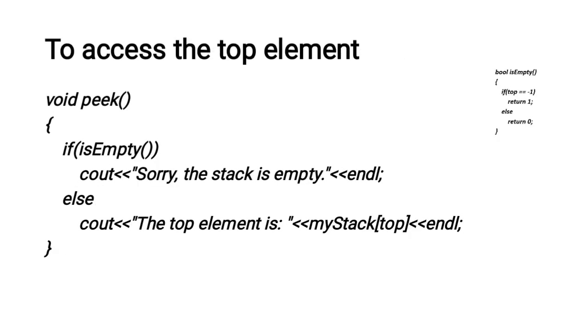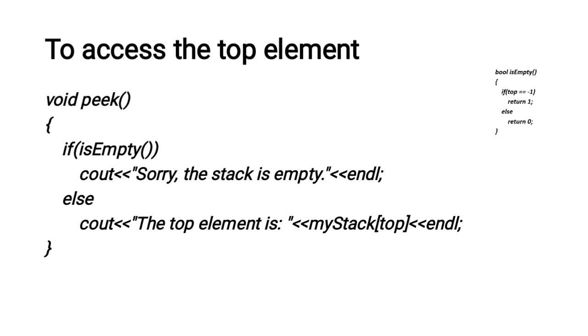Then let me move on to explain about accessing the top element. When we access the top element, we use the function that is called pick. That is the function that we have to use when we want to access the top element. So how do we do it? Over there, inside the function called pick, I have an if statement.